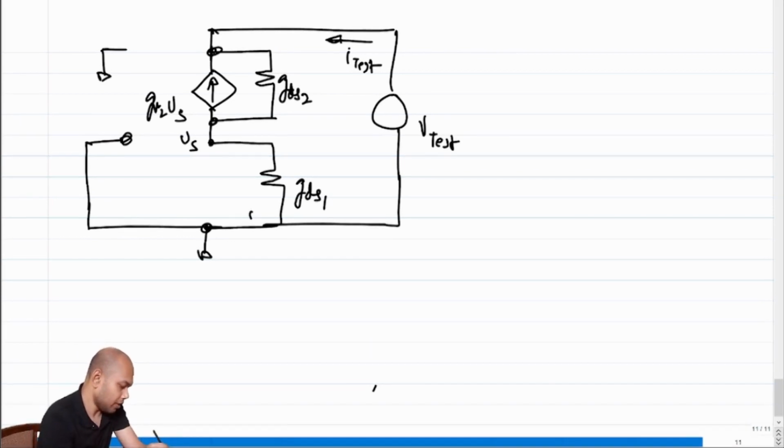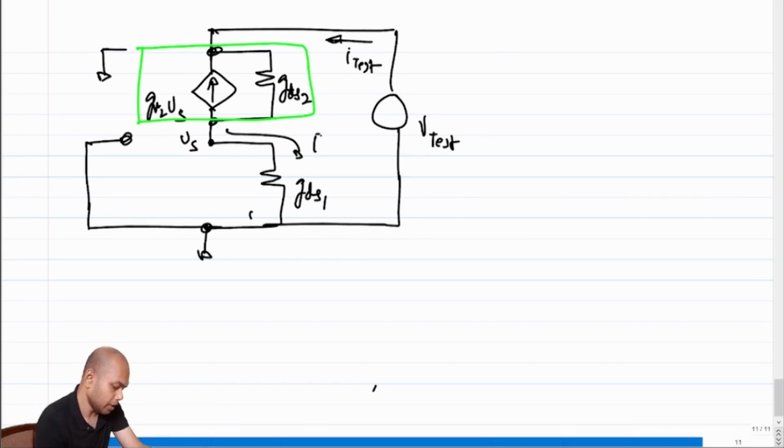Since the current I test is flowing into this contraption, whatever is coming out will also be I test. If this is I test, what is the value of Vs?